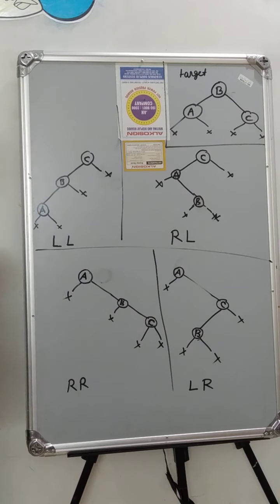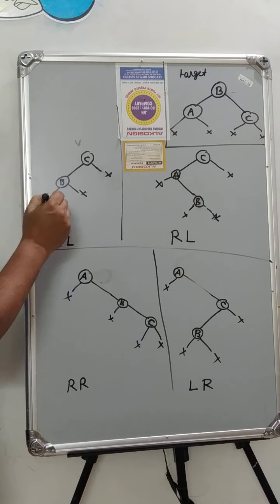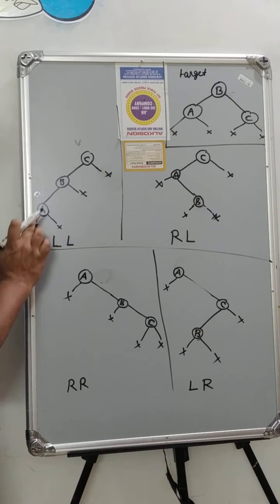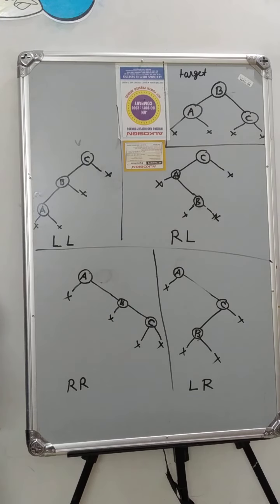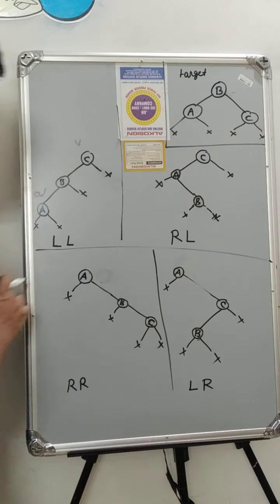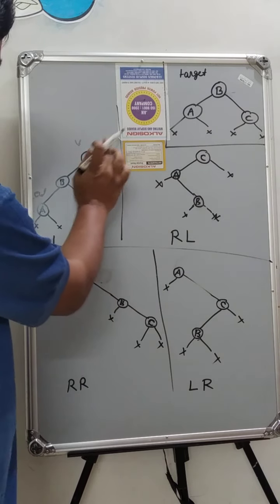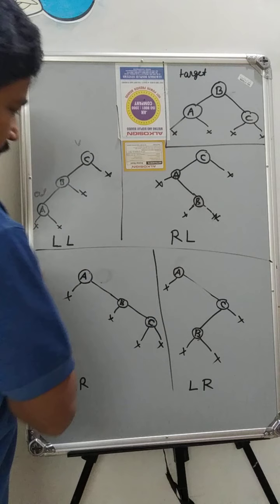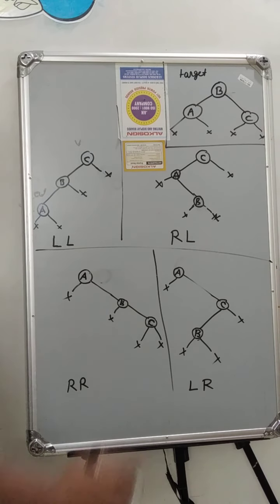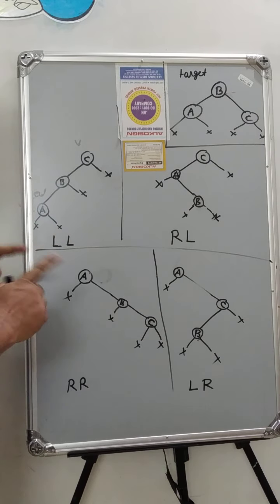Sometimes this is my victim node, this is the culprit node. Due to this culprit, this is the victim. In this situation, this is the culprit, this is the victim. And you can observe that all these victim nodes have a balance factor of greater than 1 or less than -1.